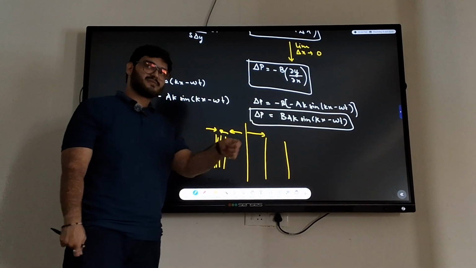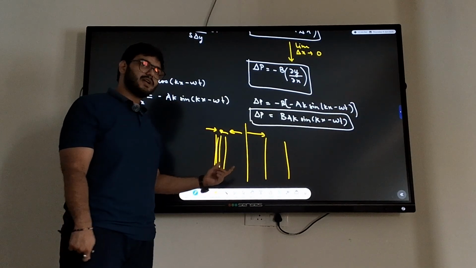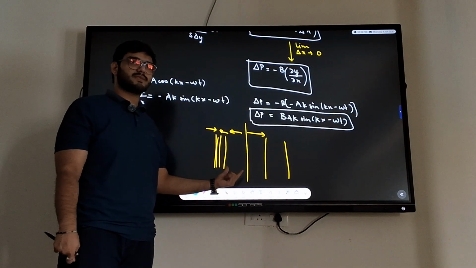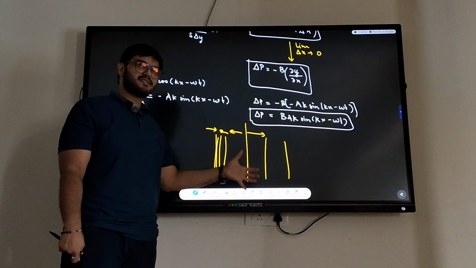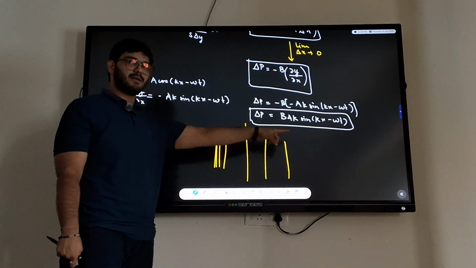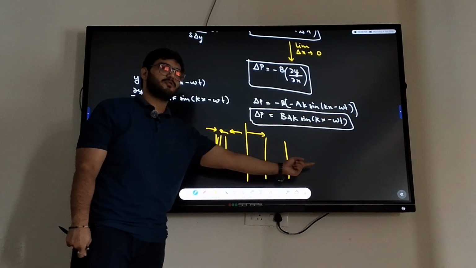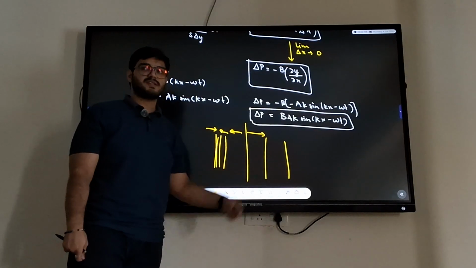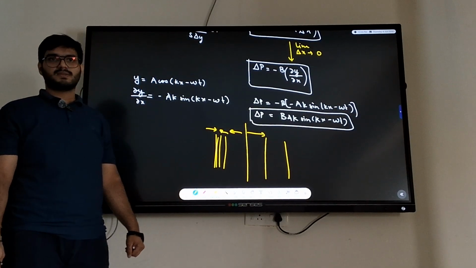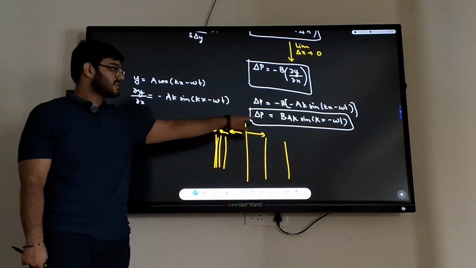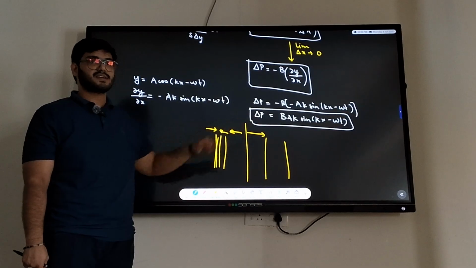Before we were tracking the displacement of particles. Now we are tracking the pressure of the medium, how the pressure will vary. It's a function of time as well, so this wave will keep on moving forward, and you are basically describing the wave. So just by looking at the pressure variation, you can describe the wave.